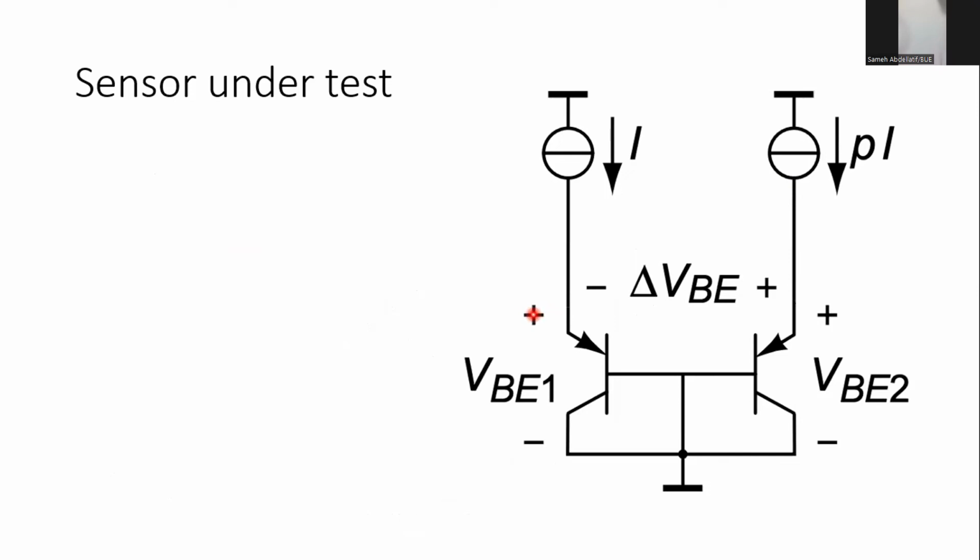Simply, you can say that the power consumed in this circuit is the power consumed in the power supplies in addition to the power consumed in the transistors. So let me write an equation here.